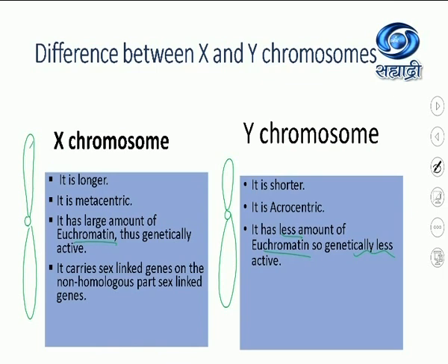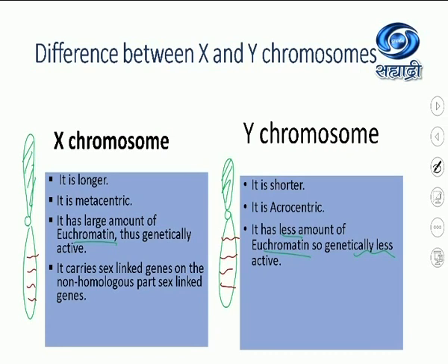Let us see. This upper part of the X chromosome and upper part of the Y chromosome, this is called the non-homologous part because the genes vary in this region. Whereas, I'll draw it with another color, this part is homologous part. Listen carefully.